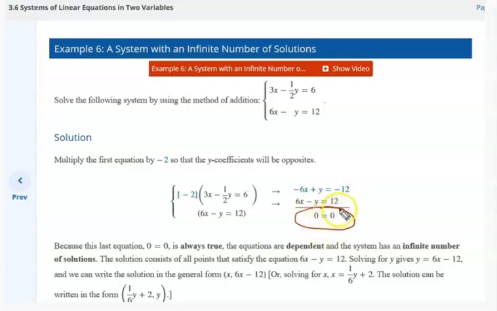Is that a true statement? Yes. So when it's a true statement like this, it indicates the lines were actually the same. And there's an infinite number of solutions. They are consistent because you have at least one. And the equations, since they are the same, are considered dependent.